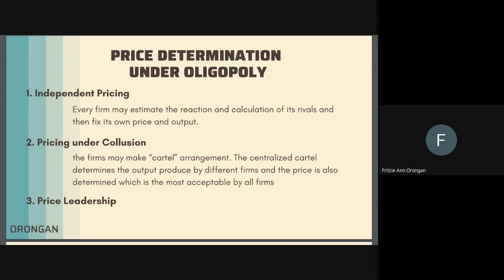It often happens that price leadership is established as a result of a price war in which one firm emerges as the winner. So in an oligopolistic market situation, it is very rare that prices are set independently, and there is usually some understanding among the oligopolists operating in the industry.